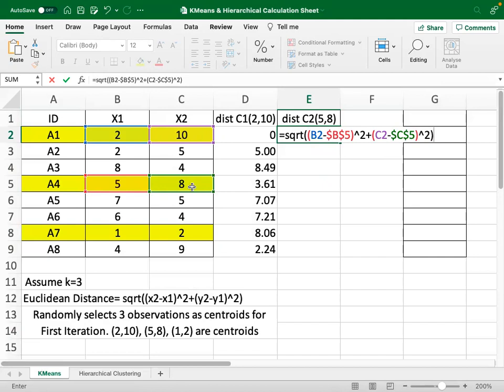Here we are finding the distance between all the observations and 5, 8, which is the centroid for the second cluster.